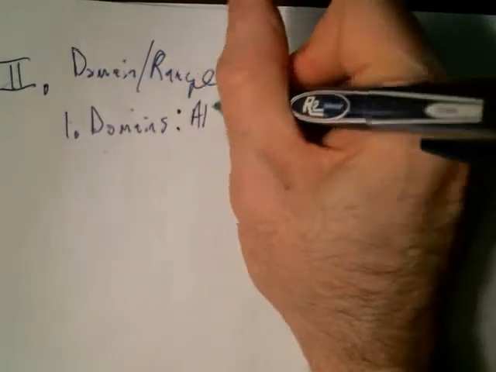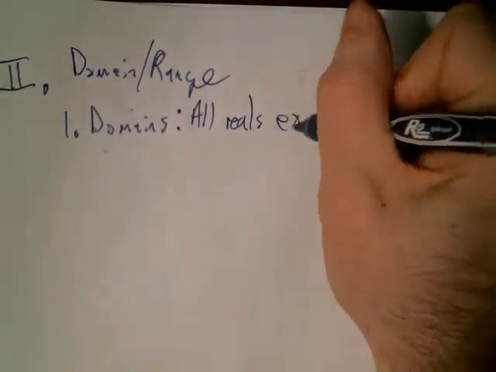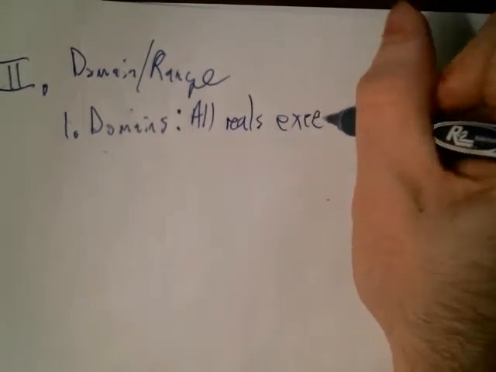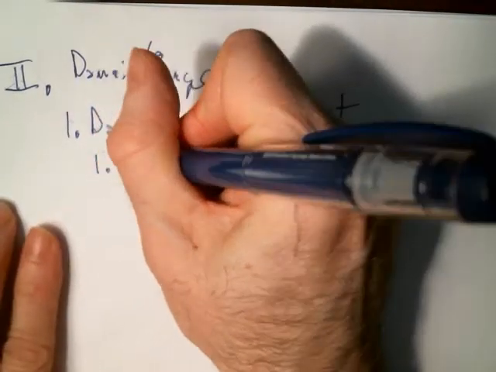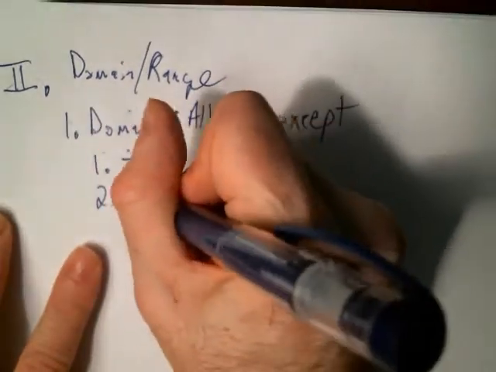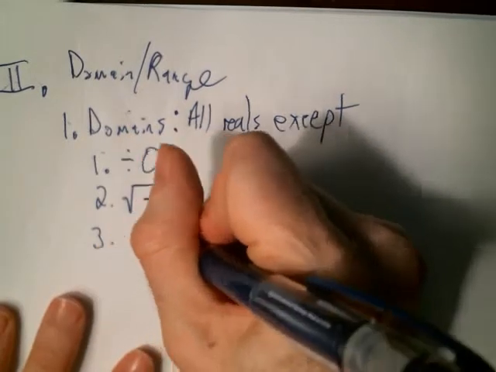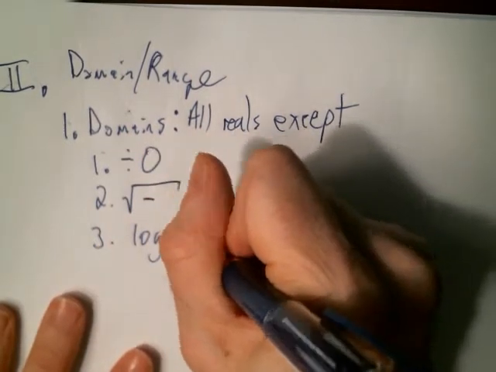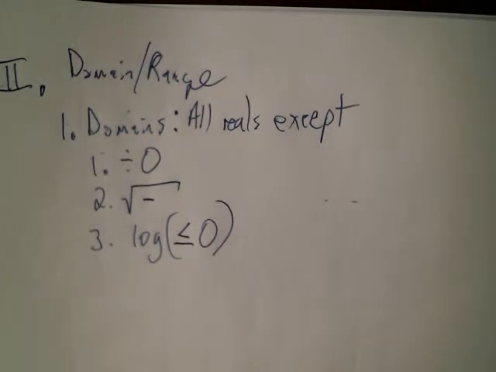It's going to be all real numbers except the places where the x value causes catastrophic failure, right? So except where you have division by 0, you have a negative under an even-powered root, or you have something inside of a logarithm which is less than or equal to 0. Okay? Those are the three main ones I can think of.